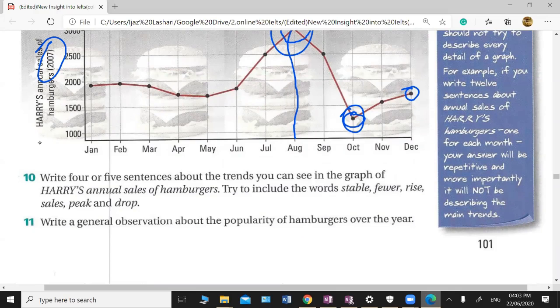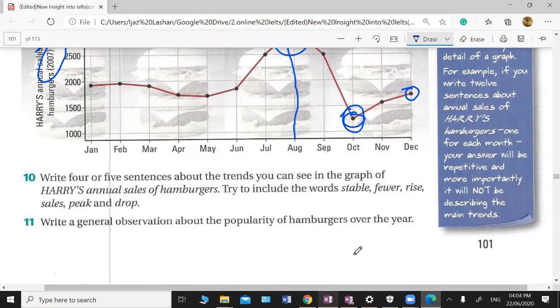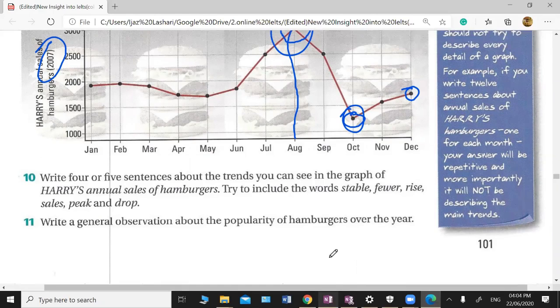So now our information is right, that it's about Harry's annual sale of hamburgers. Now, can you write 4 sentences and use stable, fewer, rise, sales, peak, and drop? Can you just write, not a paragraph, just sentences? You all can write, and then we can check together.